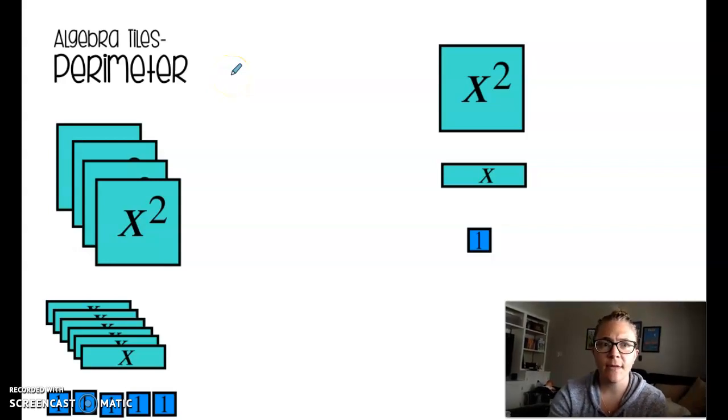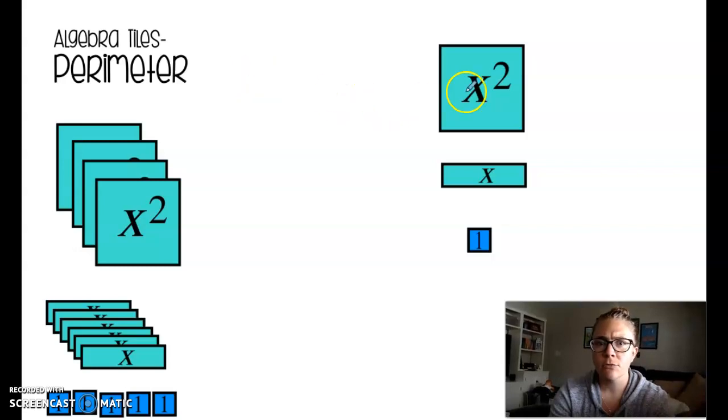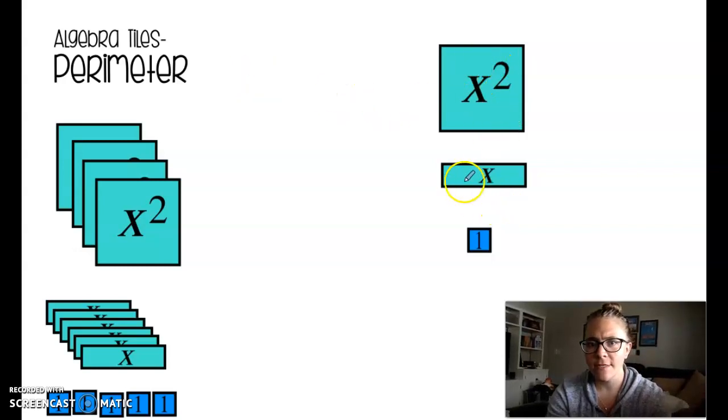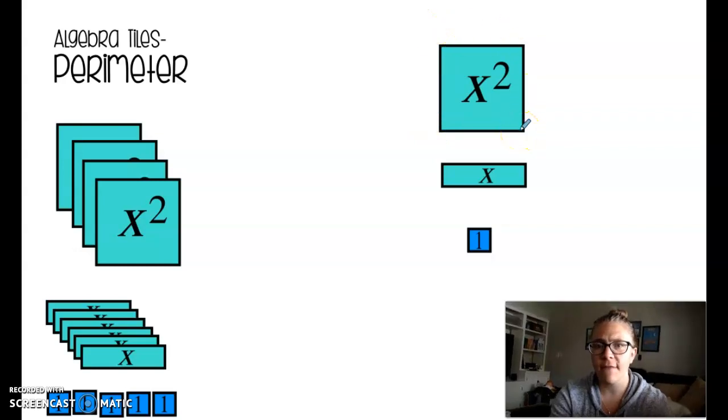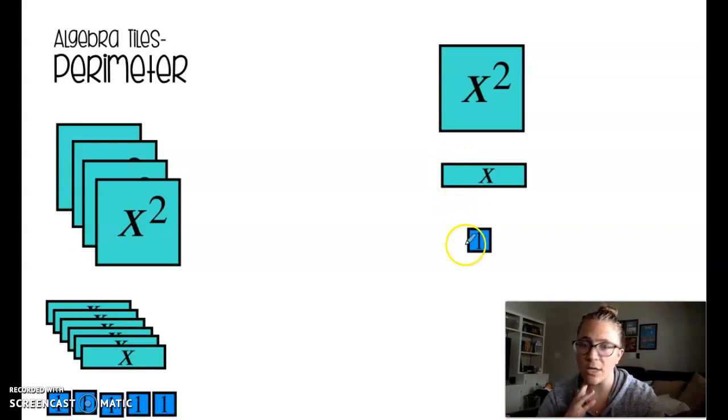Today we're going to be working with algebra tiles again, and today we're going to be focusing on finding the perimeter of the tiles. So just like any shape, these tiles all have edges around them, and so we can find the perimeter. If we start with the ones tile, we know that this is a height of 1 and a base of 1, which means that this is also 1 and 1.